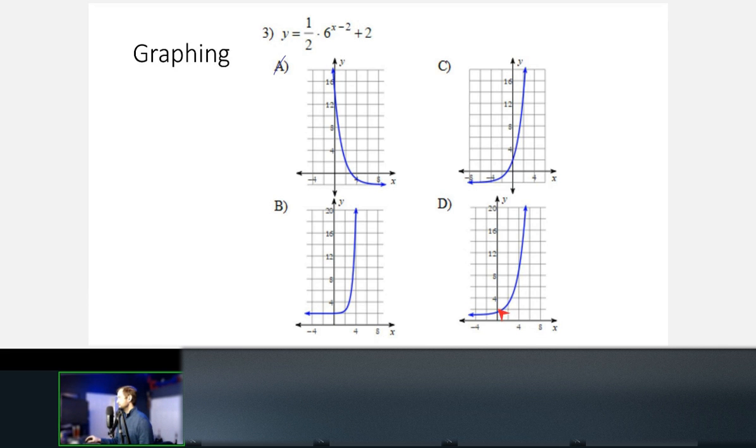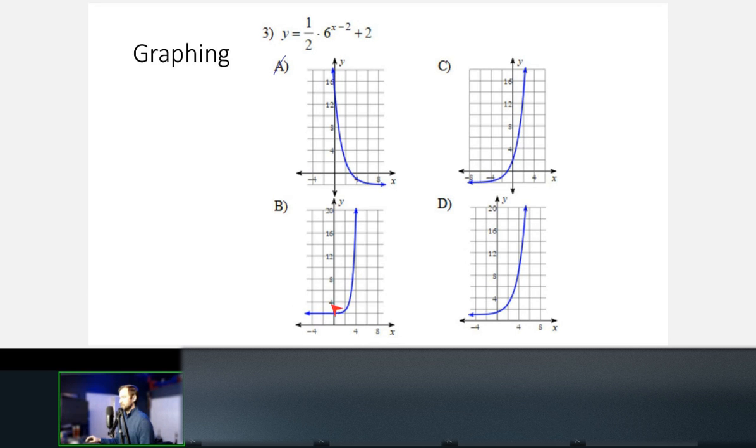Choice D is definitely below 2, so it can't be that. This is probably only shifted up 1 unit because it crosses our 2. This one is definitely shifted below the x-axis, shifted down 2 units. So it can't be C because we're shifting down. Can't be D because it's only shifted up 1 unit. This is the only one that is shifted up 2 units.